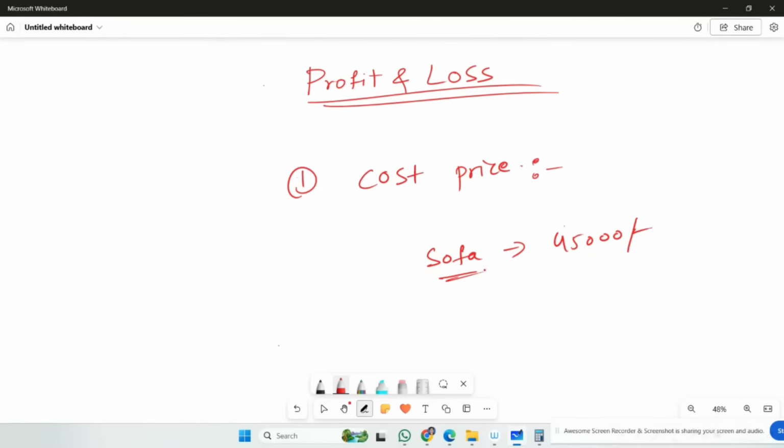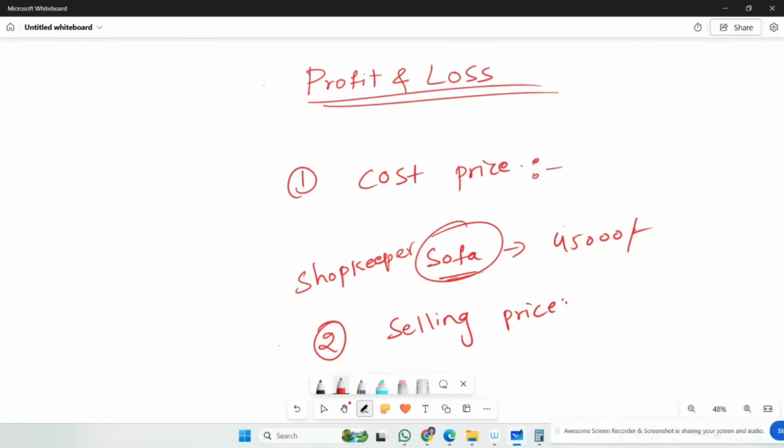He will buy and bring it to the shop. That is what we call cost price. A shopkeeper buys a good or an item from a wholesale dealer or from a manufacturer for a certain amount. That is what we call cost price.